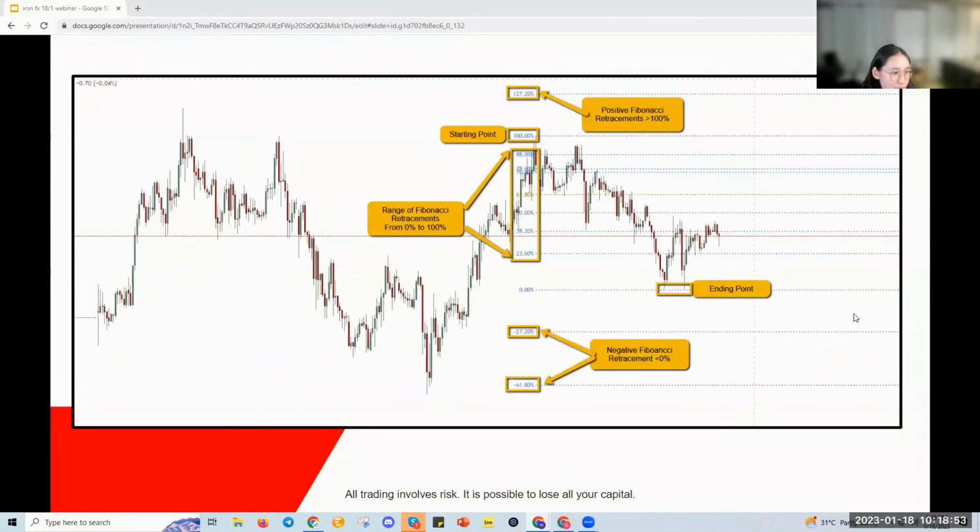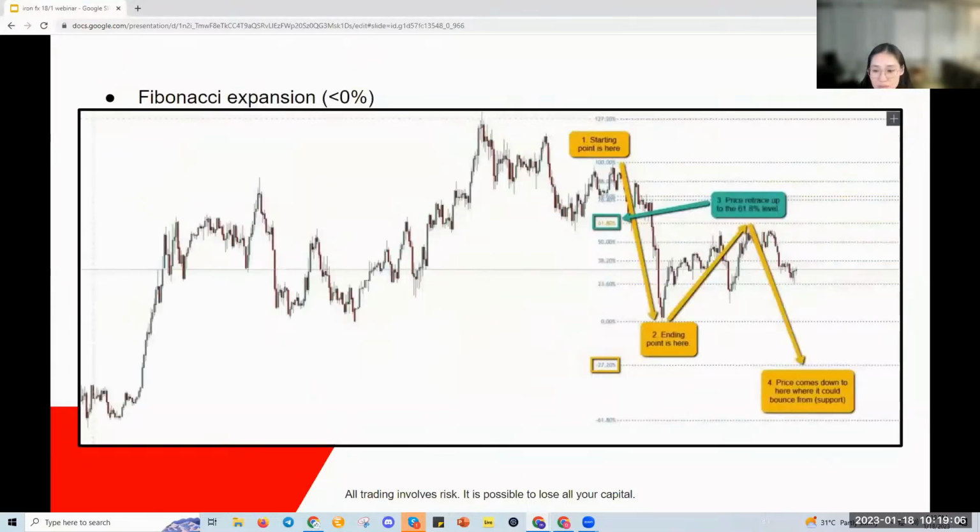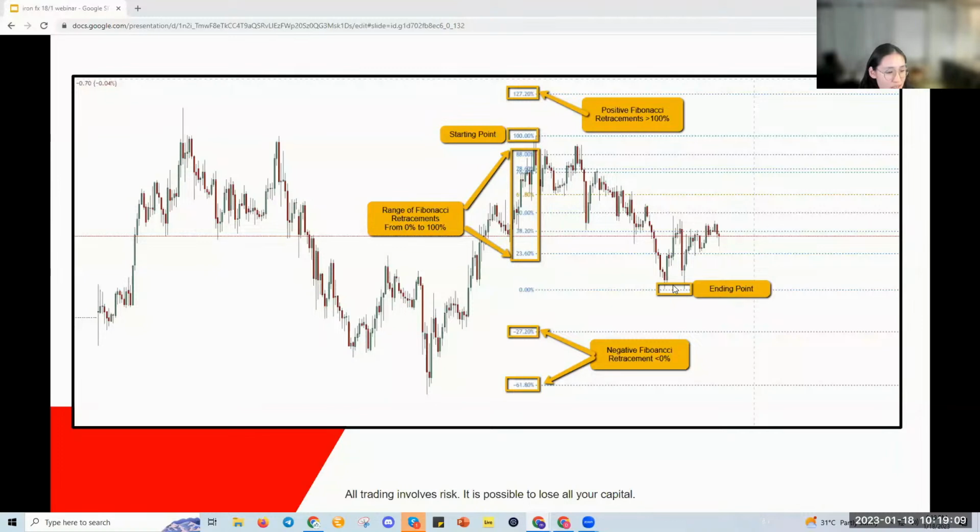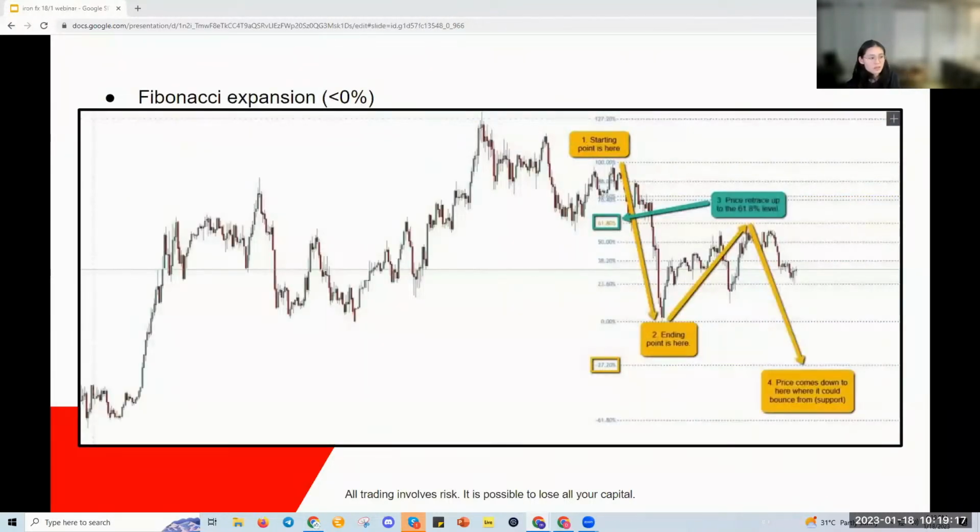Okay, so over here, it just shows you an example of all of the levels that I've mentioned earlier. So for here, the starting point is at this level. Ending point is over here. Okay, so here's an example of the Fibonacci expansion and how it plays out.